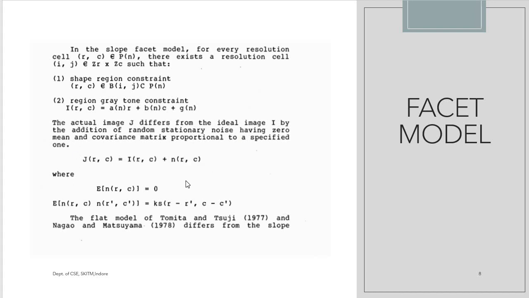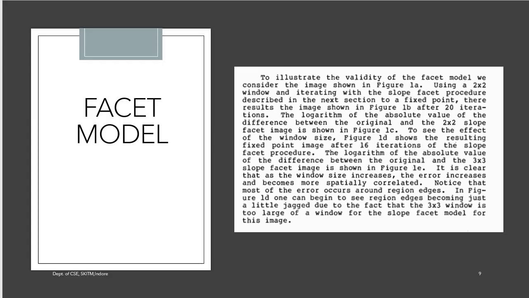Mathematically we have represented the actual image as differing from the ideal image by the noise, with the mean and the covariance proportional to a specified one.